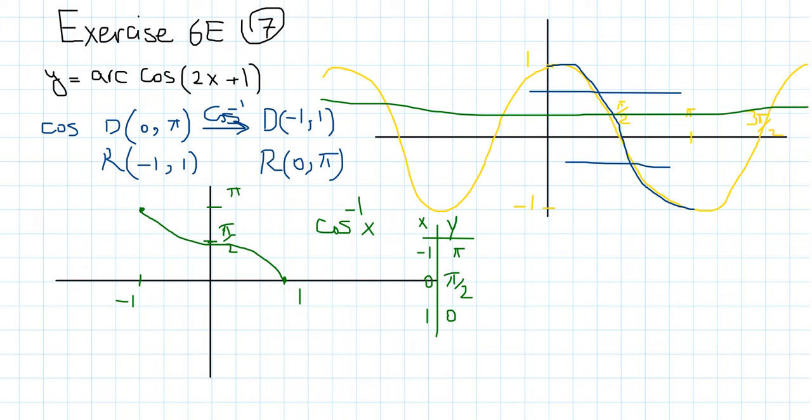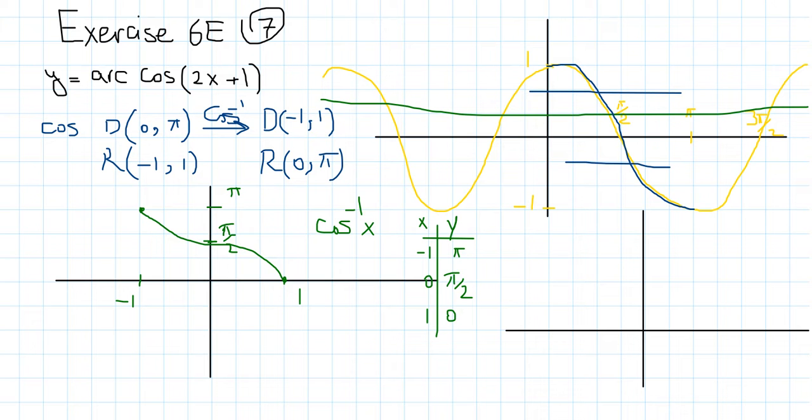Now I need to tell you how to draw the graph of minus cosine inverse. Again, this is very easy. Let's draw the axis here. For minus cosine inverse, I don't have any change in the domain, but only in the range.